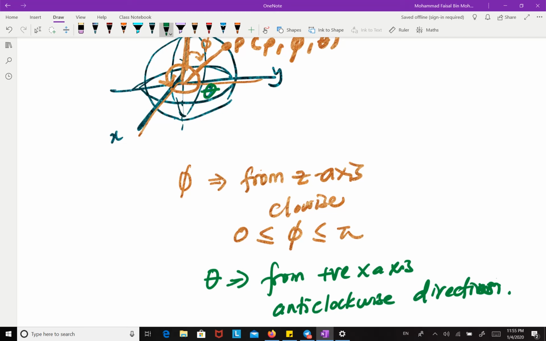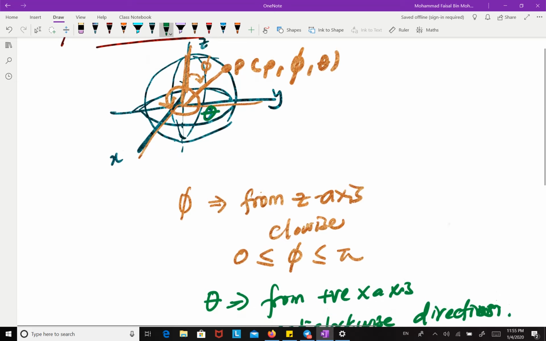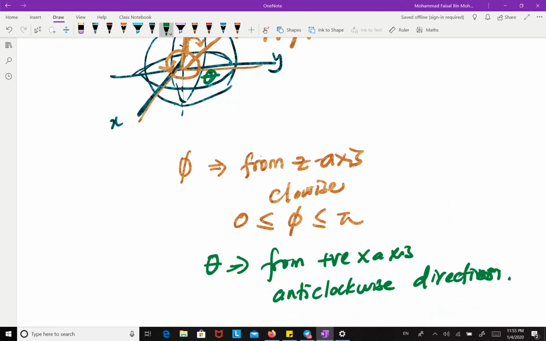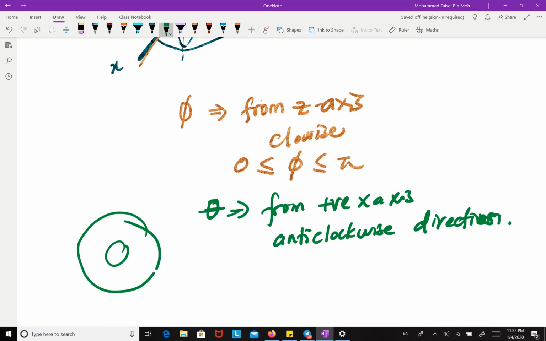Theta is not necessarily from 0. Let's say we have two circles, so this theta is counted from the polar axis, from the pole, which is the origin.